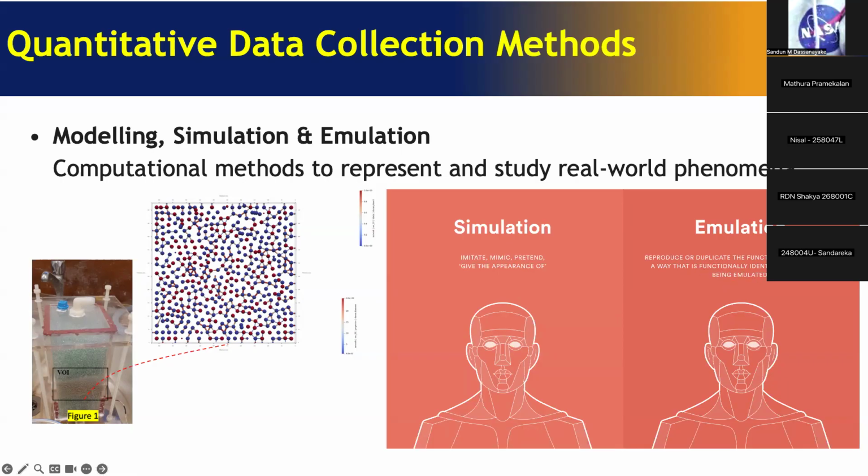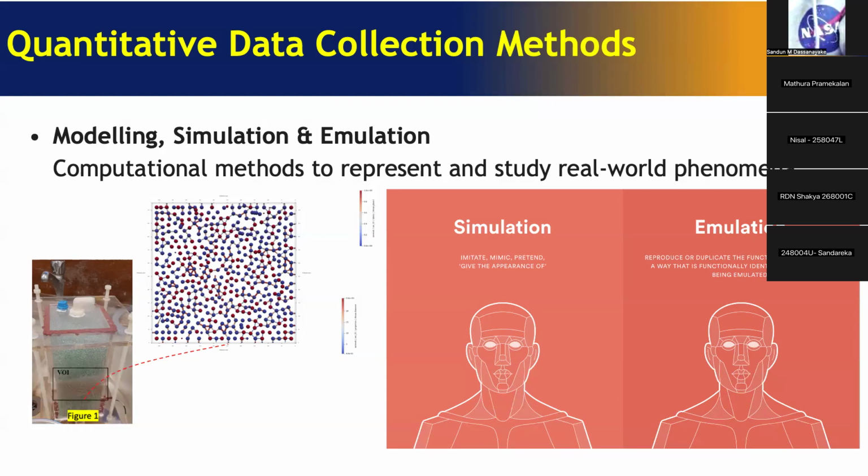Functionally identical. In the case of simulation, we use equations, we try to mimic physics, we try to do that exact thing. It is very complicated and computationally intensive. We try to solve these equations and simulate the world.